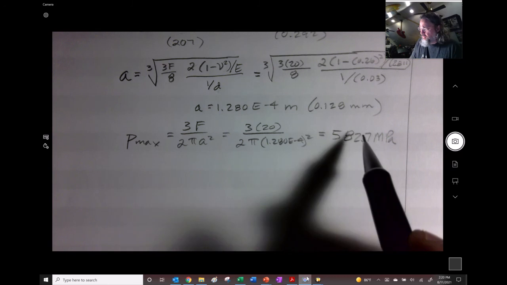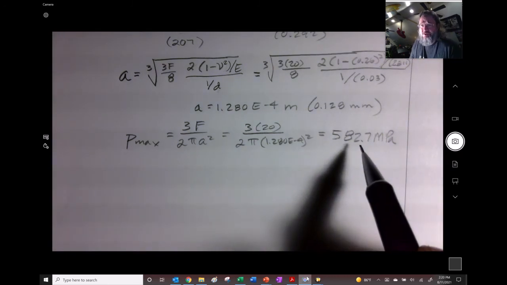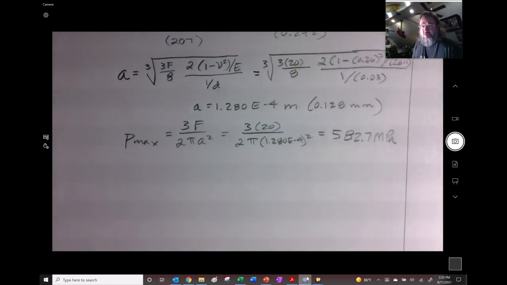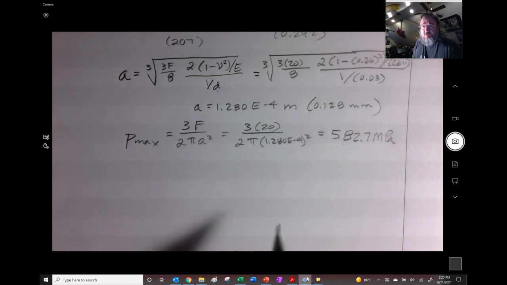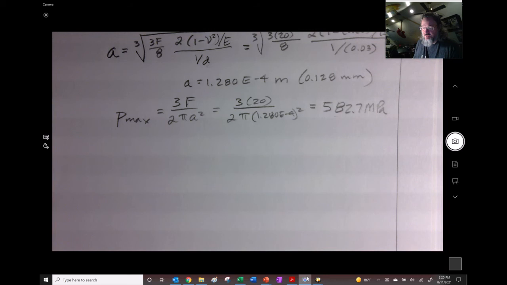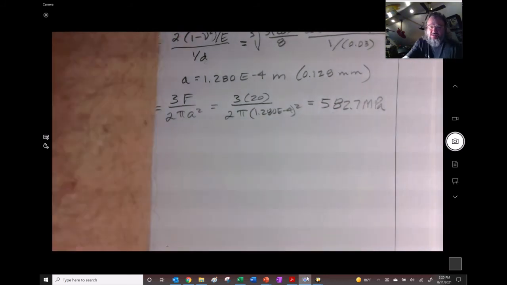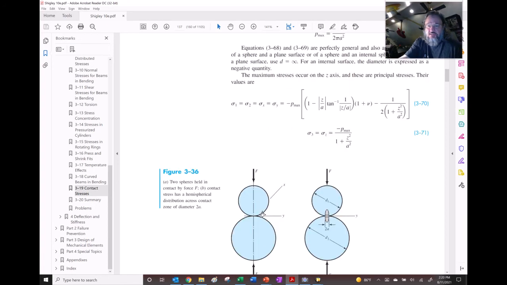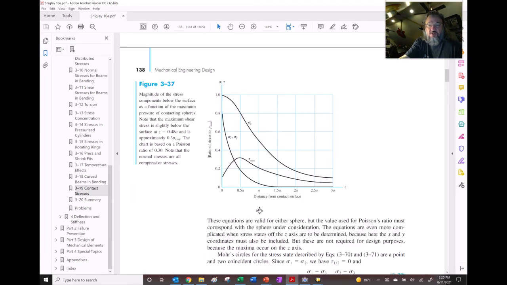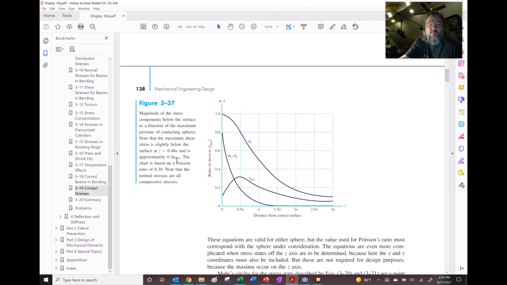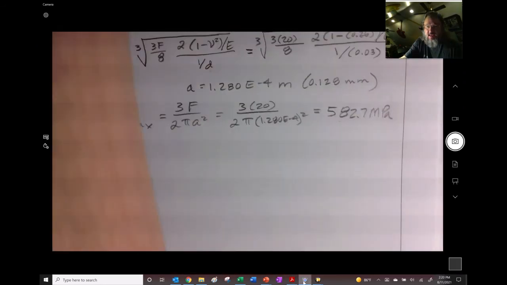But we usually use some other criteria, not just the regular strengths in the books, when we have a contact strength that we compare contact stress to. So from figure 3-37, reminding you that we're really only using that guy right there and this guy right here, the maximum stress is 0.3 times P max.